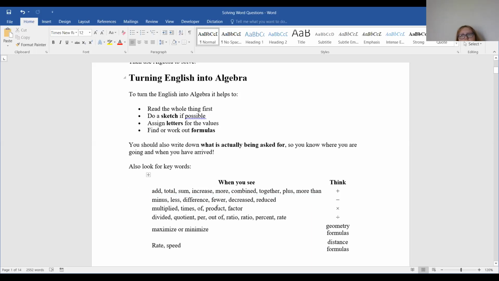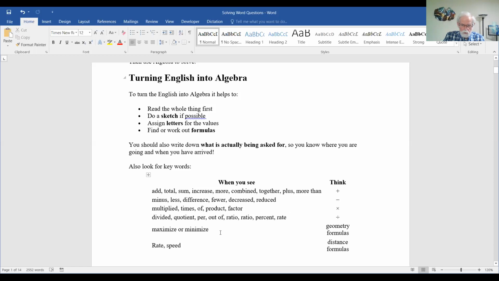Times, product of, like percent of, factor, these all indicate multiplication. And then quotient, per, ratio, etc. is a division.